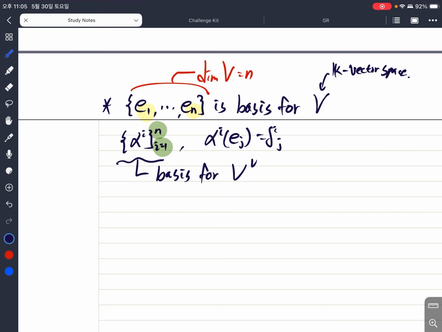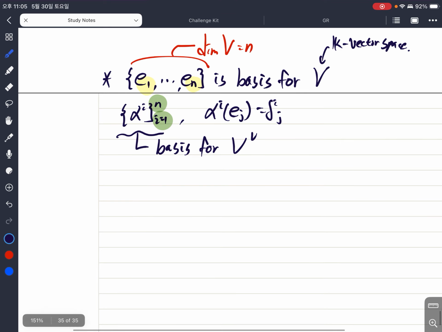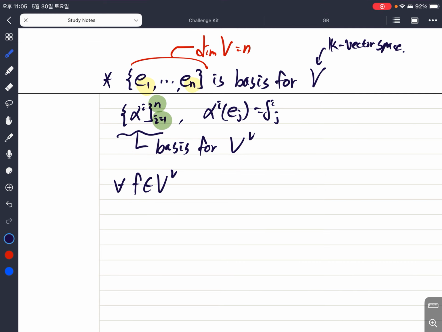What we want to do is, first, let's write some f in V*. What we want to find is that it spans V*. So for all f, we want to say there is something like f_j alpha^j.